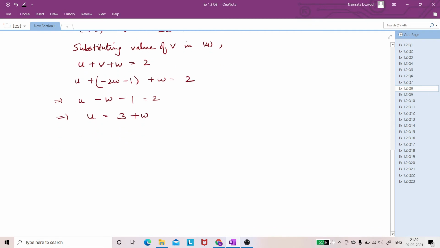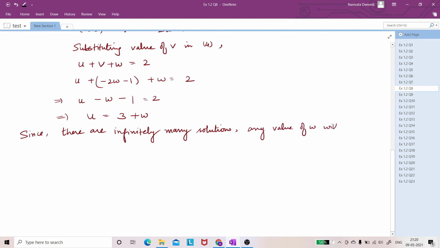Now since there are infinitely many solutions, we may choose whatever we want for w. Any value for w will satisfy. So let w be equal to 0. Therefore we get u is equal to 3 and v is equal to minus 1.